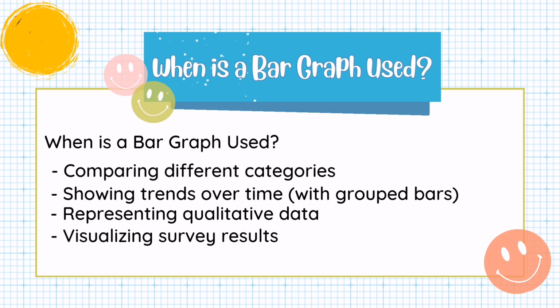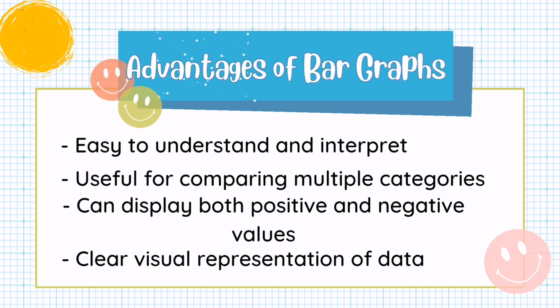And also for visualizing survey results. If we ask our classmates questions and collect answers, a bar graph can show how people responded. So basically, anytime we want to compare things visually, especially categories, a bar graph is a good choice.